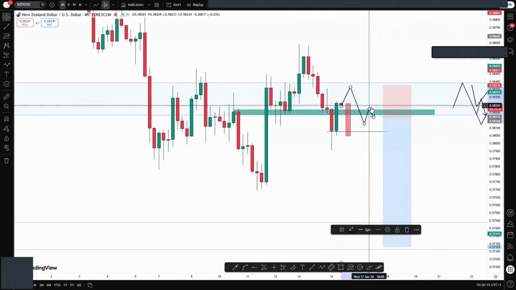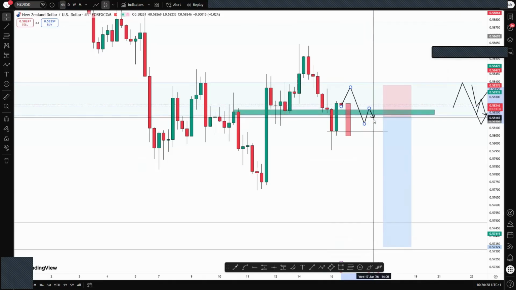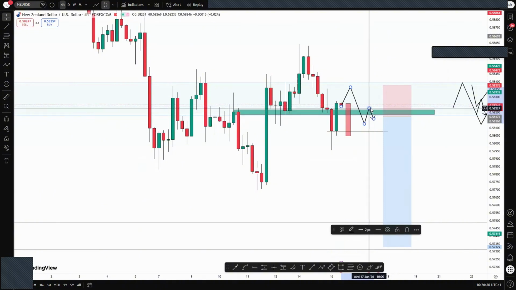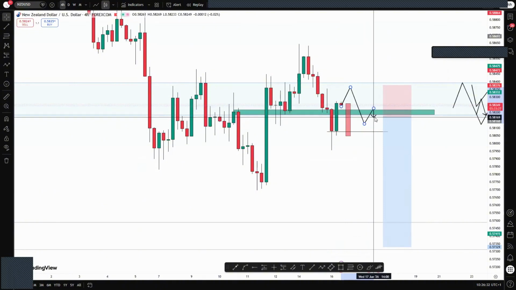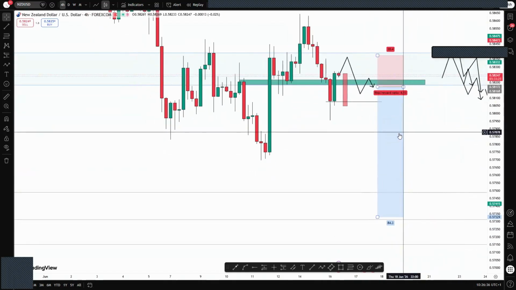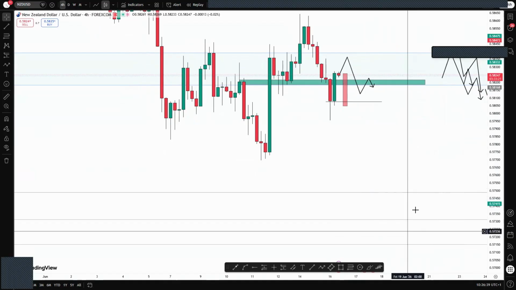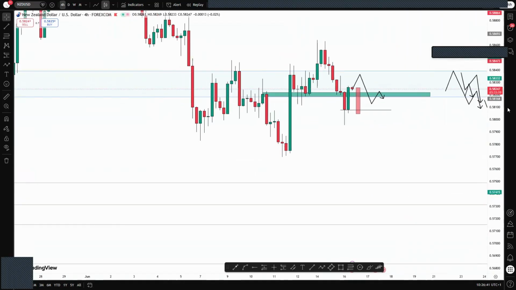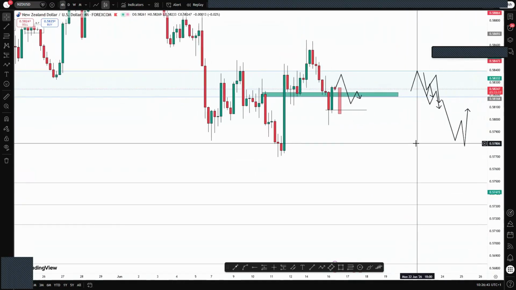Where if this happens today, we can close at this point around 17 hours. And then we can wait for the Tuesday open to catch a sell here. But we'll see how price reacts to these levels. Then we can adapt, right?